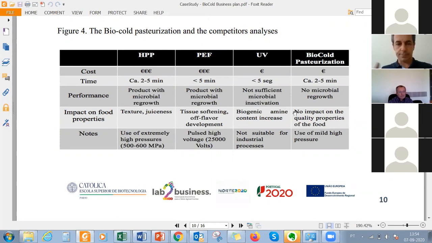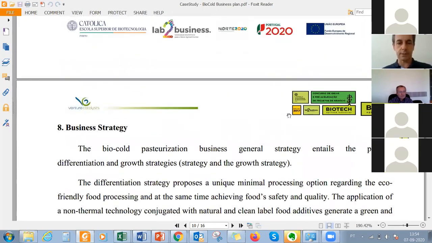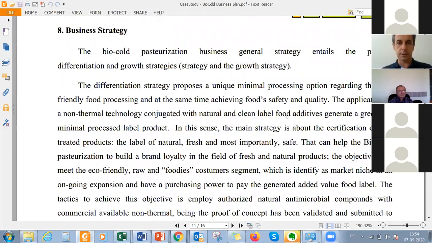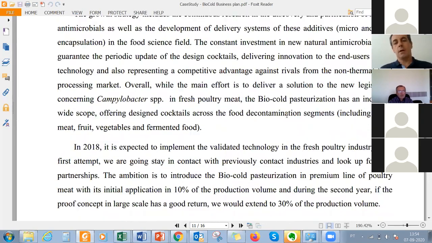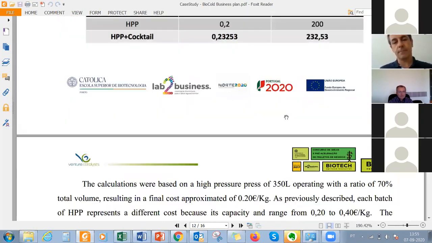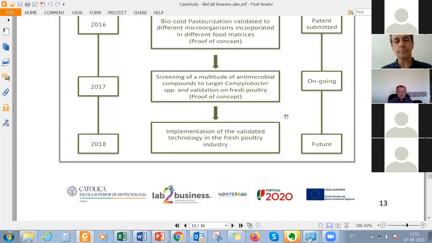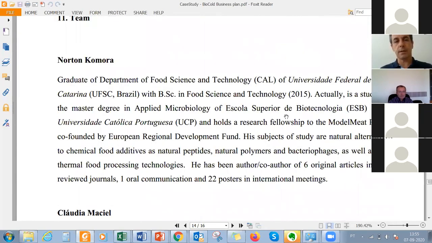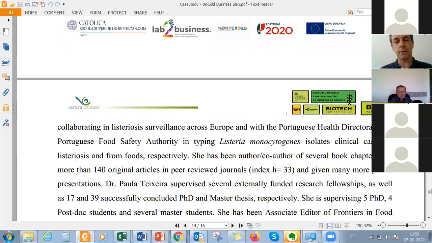So the objective is not to look at this business plan in particular, but to show you a way of presenting a business plan in the way of a report.